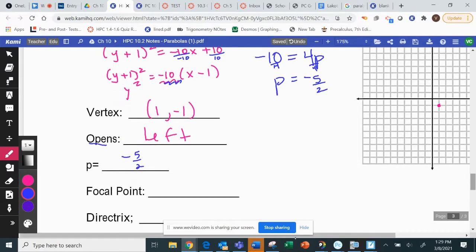So my focal point, since it's opening to the left, we're going to take our vertex and we're going to add -5/2 to the x value. So that would be -3/2, -1.